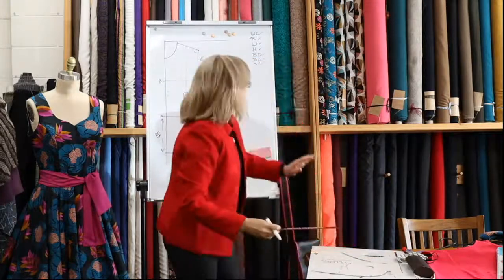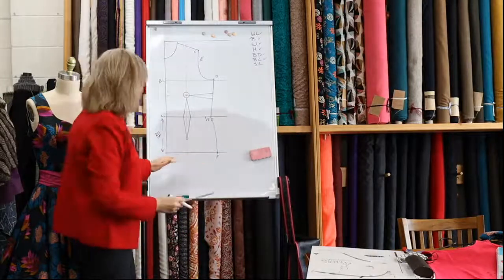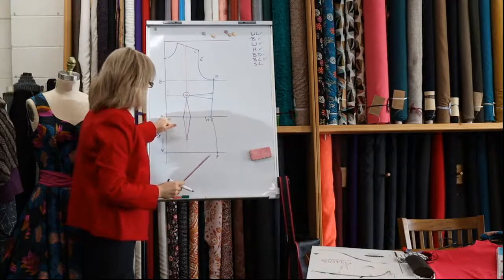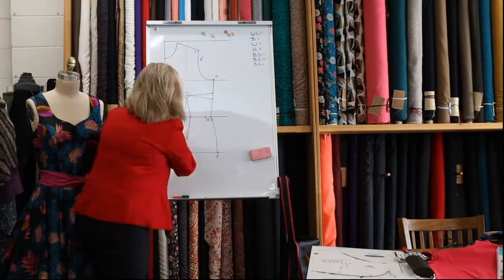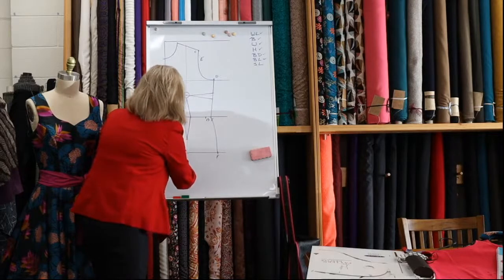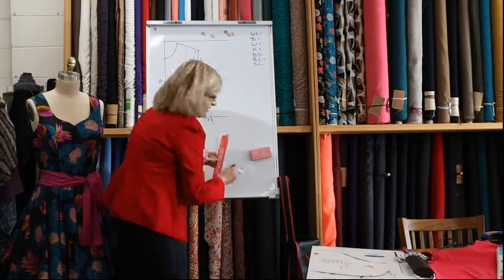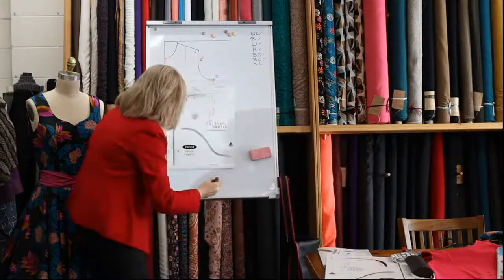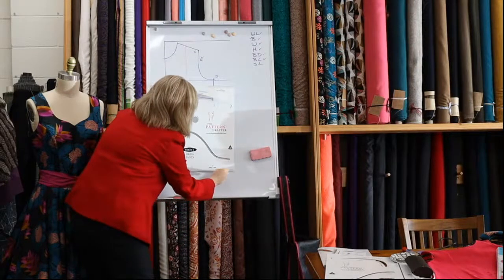The last thing is to do your skirt length, and this is going to be a very short skirt or a top. Can be a top. So you're measuring from the waist down to what your skirt length or top length needs to be. So we're just going to make this one 30 centimetres, and then you place the bottom of the ruler at that hemline and draw your line across.